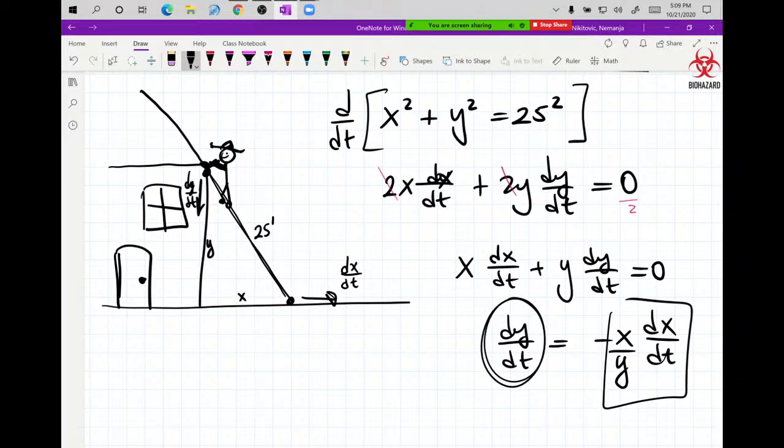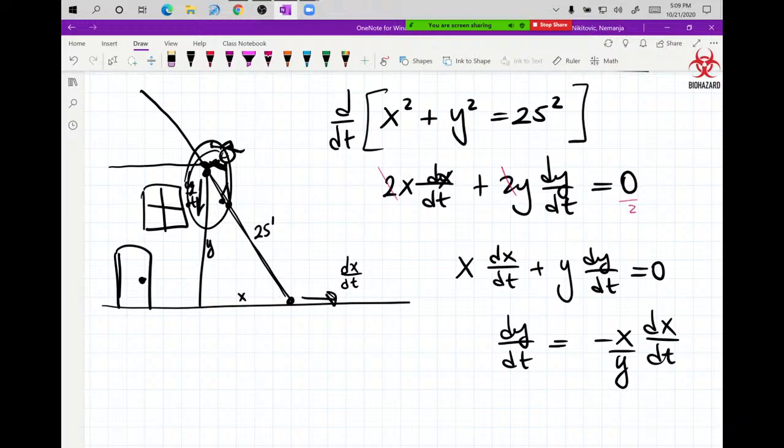So dy/dt is equal to a negative number, meaning it's going down, because dx/dt is positive because it was pushed away from the house, making more distance. The distance grew as a result of dx/dt pushing away from the house.